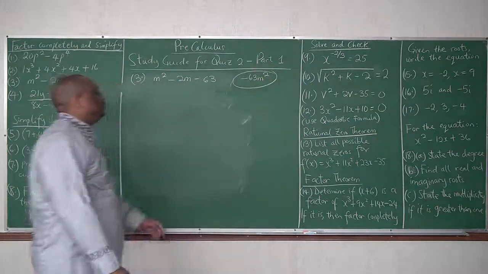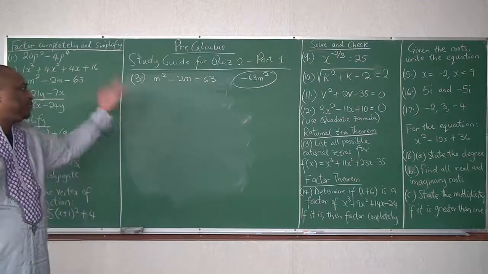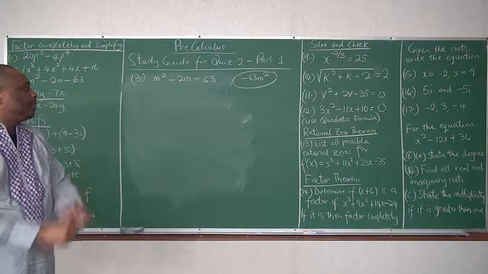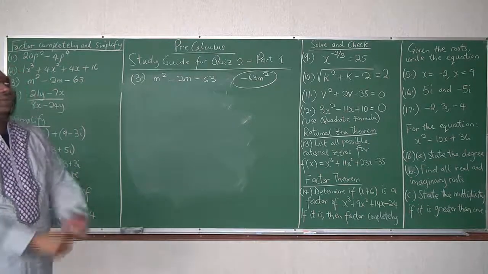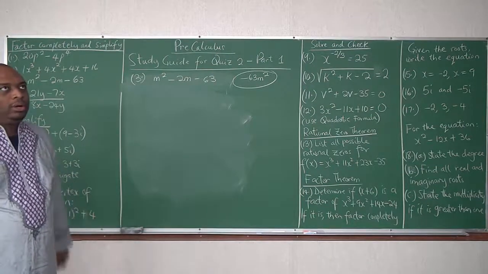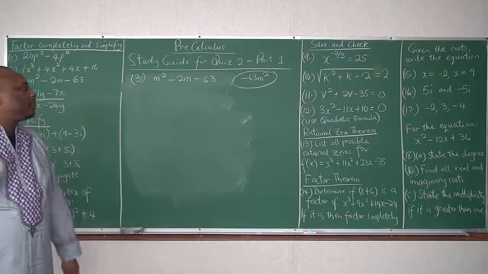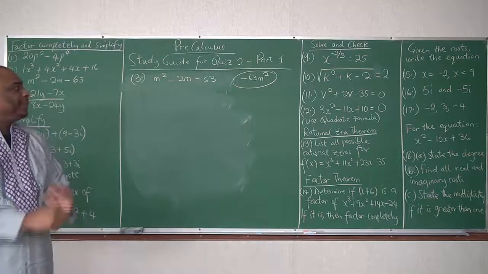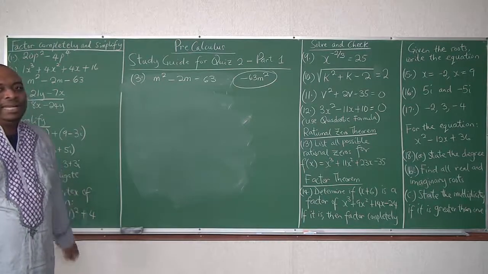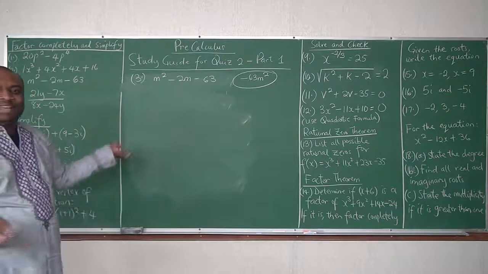Then you look for factors. 1 and negative 63 will not work. Negative 1 and 63 will not work. 3 and negative 21 will not work. Negative 3 and 21 will not work. 4 will not work. 5 will not work. 6 will not work. 7 and negative 9 will work.